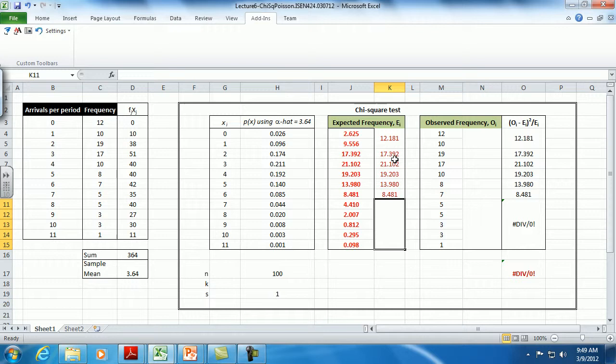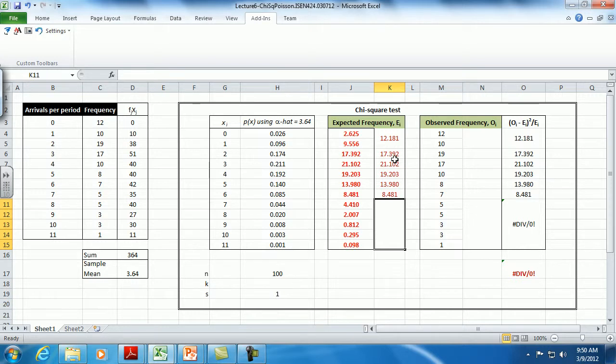But now, when you get to this point, you'll see that the next class interval is not satisfying the condition. So you have to combine 4.4 and 2.0. But what's going to happen is, once you combine those two, the other 3 will not be able to satisfy the condition by themselves. So you need to combine them all together.